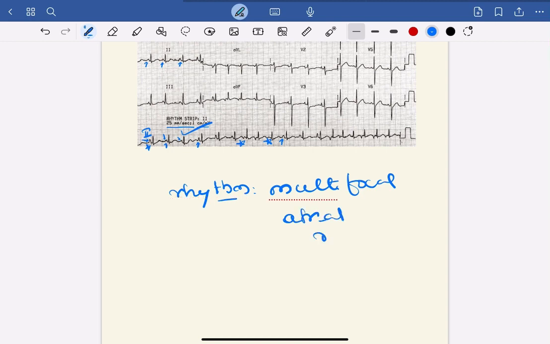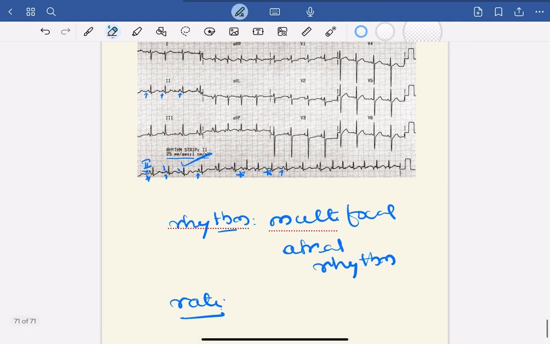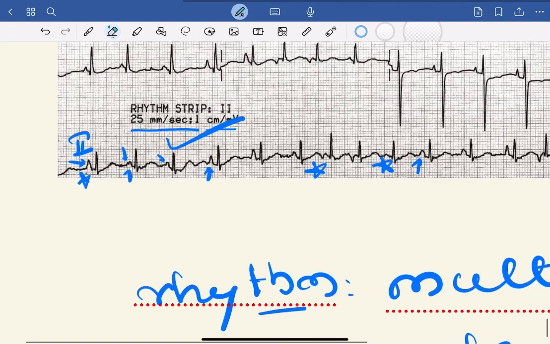Multifocal atrial rhythm. Next we have to calculate the rate. How to calculate rate? 300 divided by, first, we have to see whether the RR interval is regular or not. See what happened here.